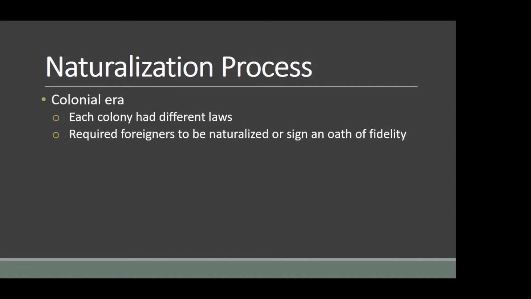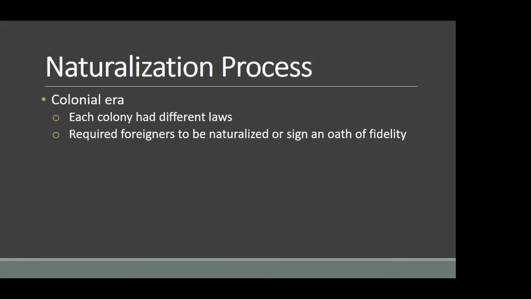And in the colonial era, British subjects traveling to the British colonies would not necessarily be documented because it's like going across the state border, because it's a British subject coming to British property. But non-British citizens, such as Germans, had to sign an oath of fidelity to come in to a British colony.